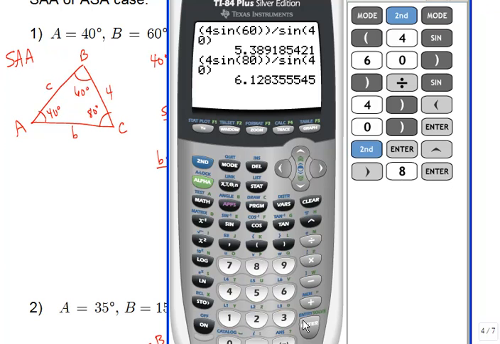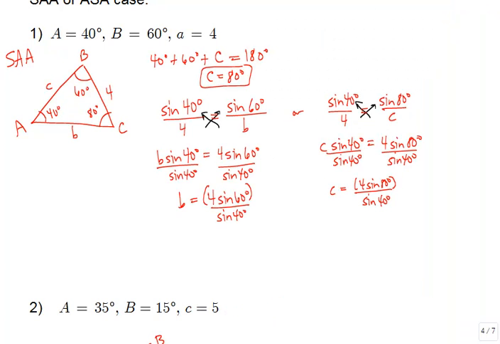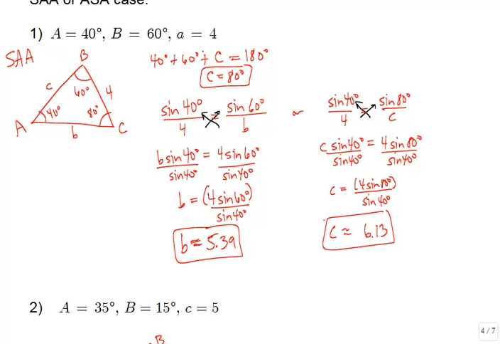So there's side C, about 6.13. So B is 5.39 approximately, and C is approximately 6.13. So we now know all three sides, and we now know all three angles, so we have solved this triangle.